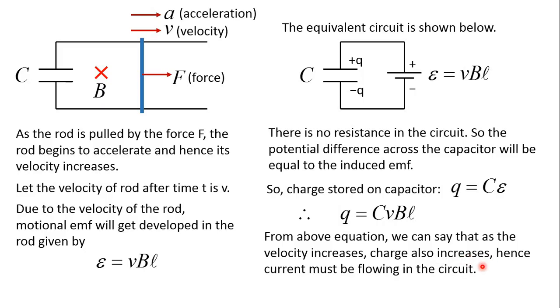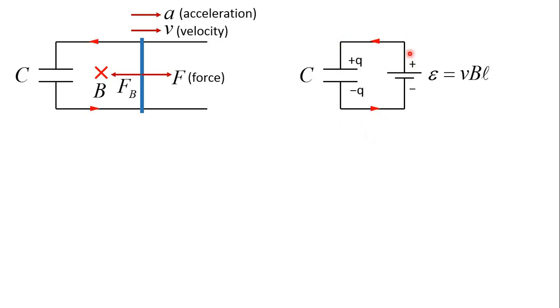How will the capacitor charge increase? It clearly means that a current must be flowing in the circuit, because only when this battery supplies more and more current, more and more charge will keep depositing in the capacitor. So the battery should supply current in this manner, anti-clockwise in the circuit, so that the capacitor keeps on charging.